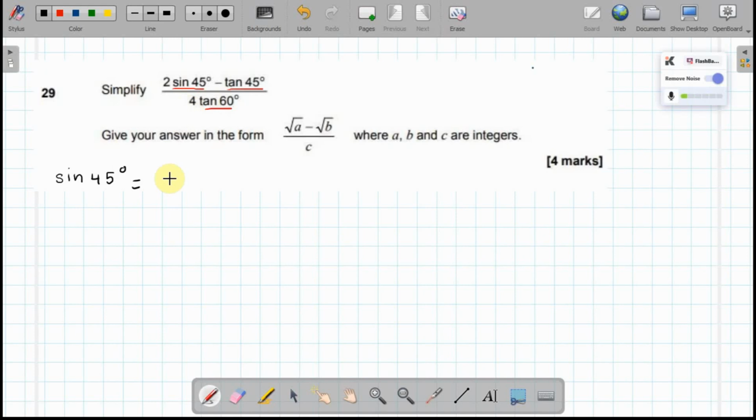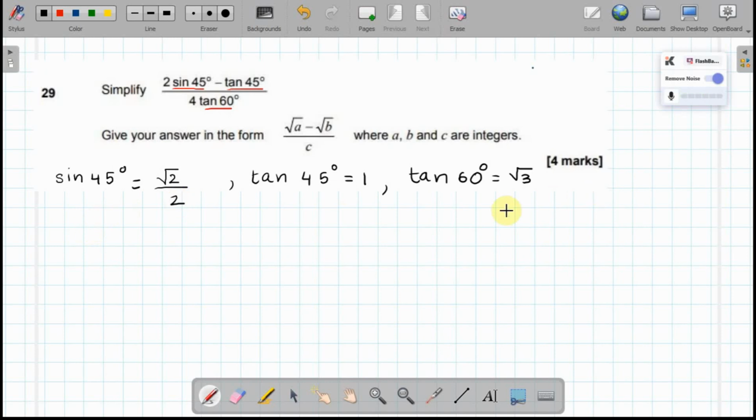Okay, so sine 45 is root 2 over 2, tan 45 is 1, and tan 60 is root 3.